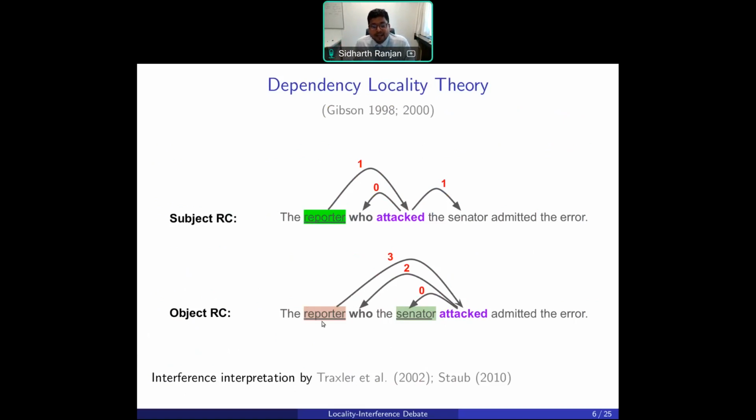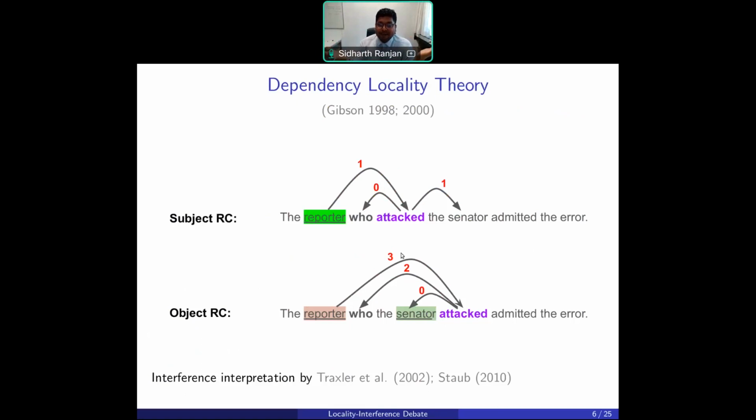Here, reporter and attack are syntactically related words, and since they have three words intervening, it has longer dependencies to be processed, and that can cause extra memory load as compared to the subject clause, where reporter and attacked have just one word intervening, and therefore it's easier to process and comprehend.